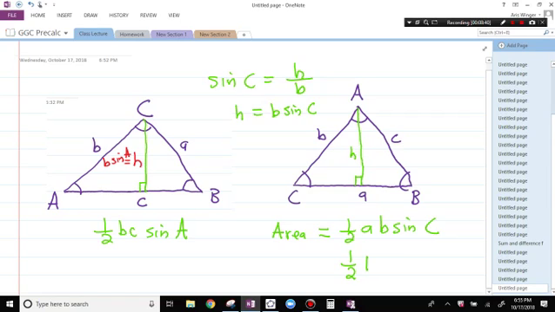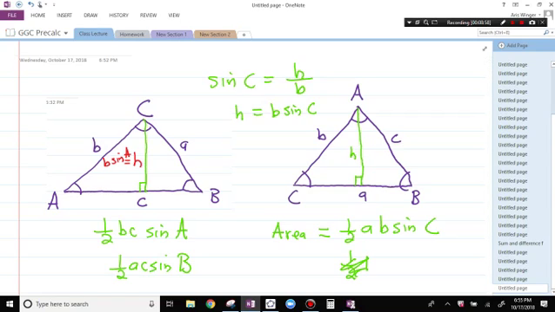We have AB. Which one are we missing? Half of B, what would the letter be? AC, the sine of B. Okay, 1/2 AC sine B.